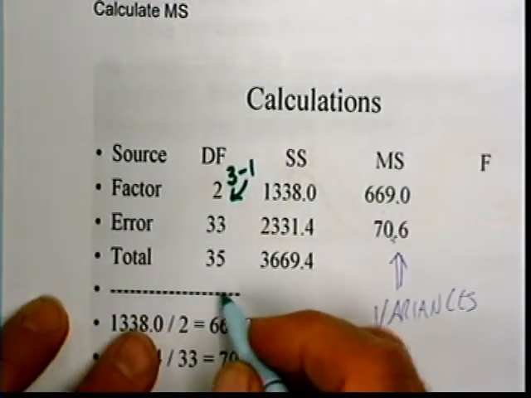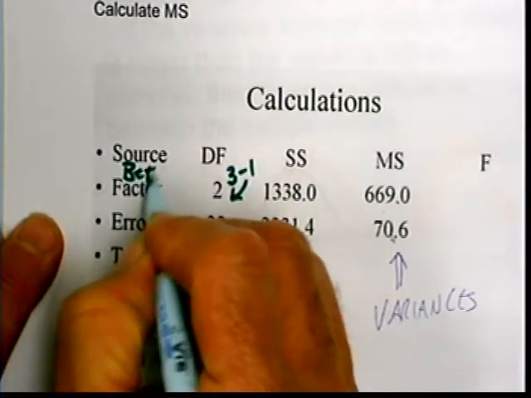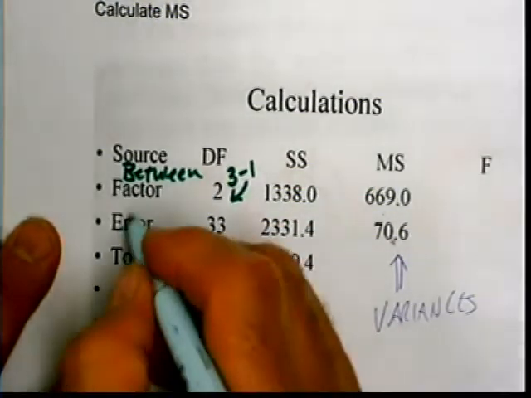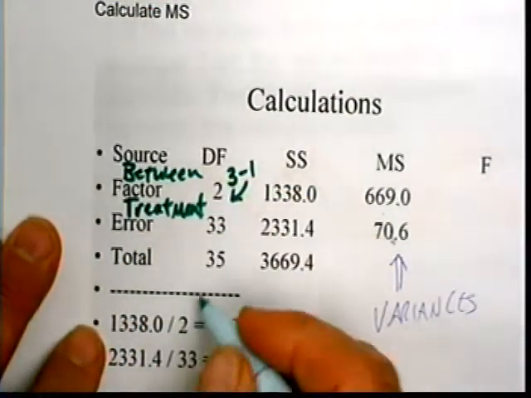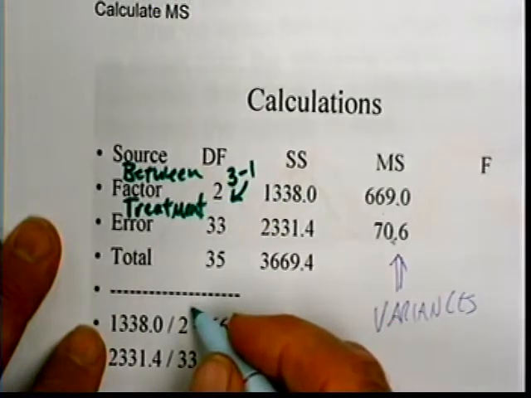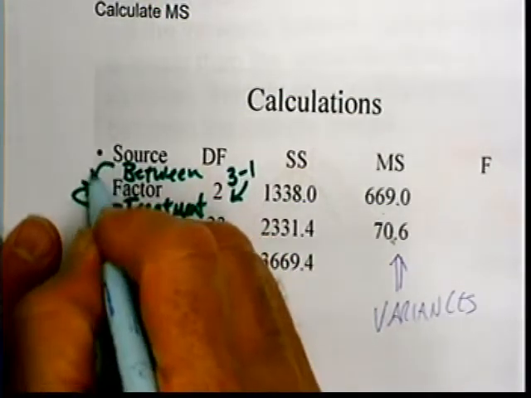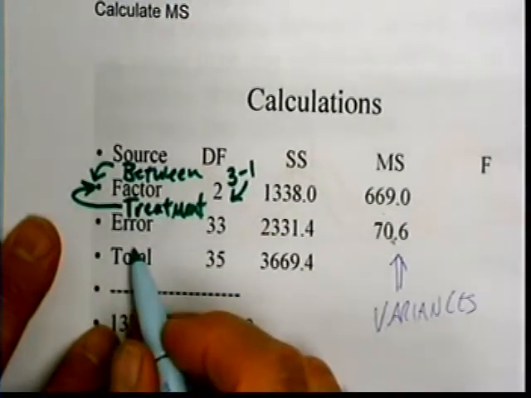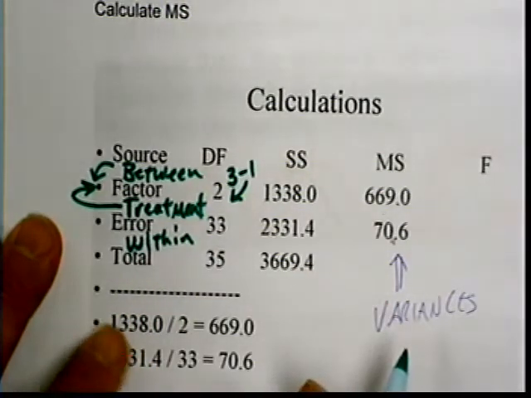The factor can also sometimes be called the between groups or the treatment, and then the error can sometimes be called the within groups.